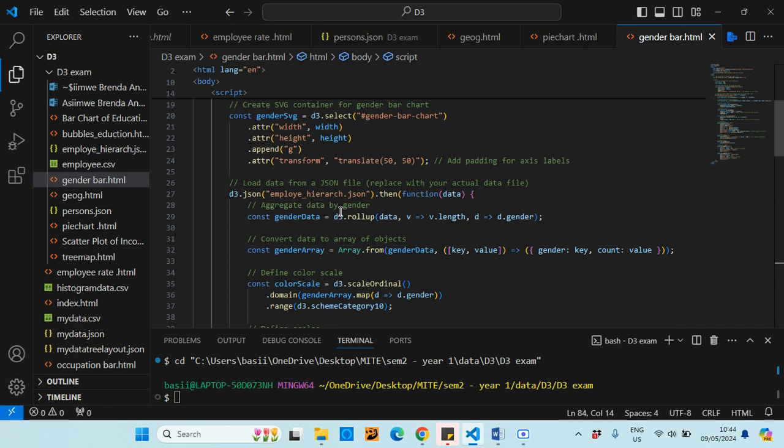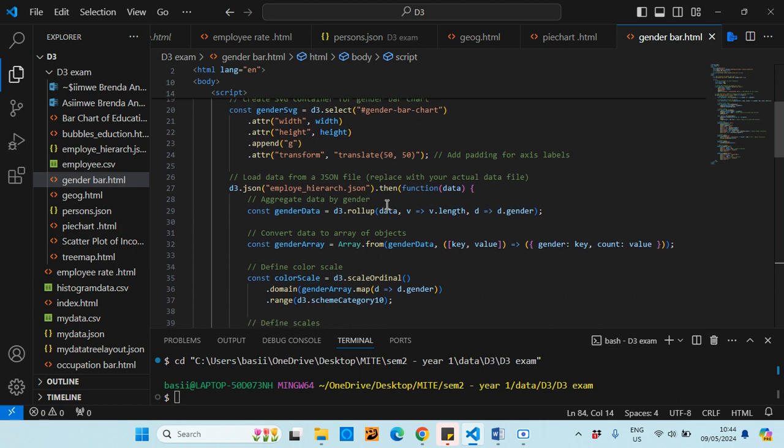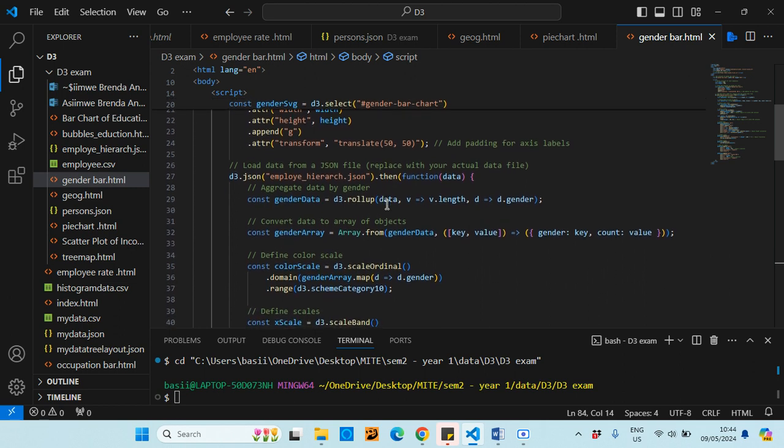Later on, we loaded the data here, where you see it's a JSON file. That's why we say d3.json. Then we loaded the JSON file, and this will aggregate the gender.